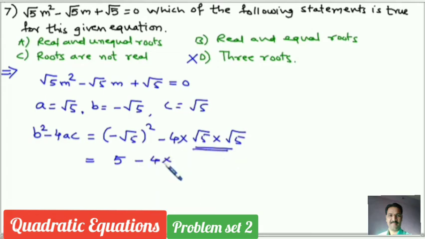So 4 into 5, that is 5 minus 4 5s are 20. Here it is minus 15. Look here, b square minus 4ac is negative, which is less than 0. Whenever it is less than 0, the quadratic equation has no real roots. Means the third option is correct.